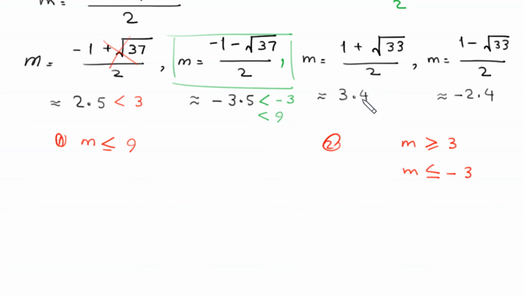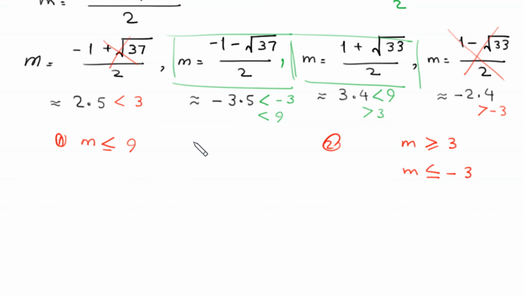This value 3.4 is less than 9 and is greater than 3, so this is also valid. And this value -2.4 is greater than -3, so this will be rejected. So we have two valid values of m.